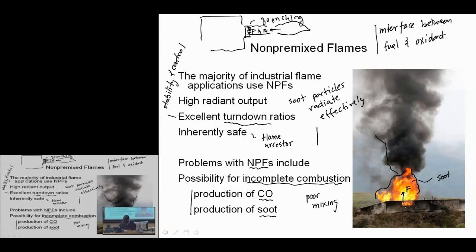Under certain conditions, you can oxidize the soot particles, and then you don't get smoke afterwards. If you do not oxidize soot, you get smoke, and that's what we're seeing here. And if you do, you just get carbon dioxide and carbon monoxide out of the system.